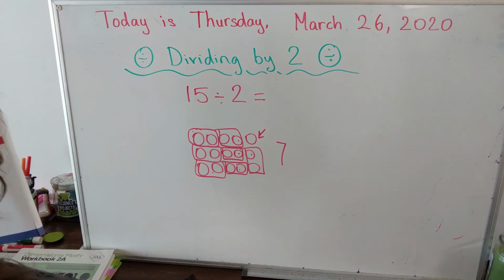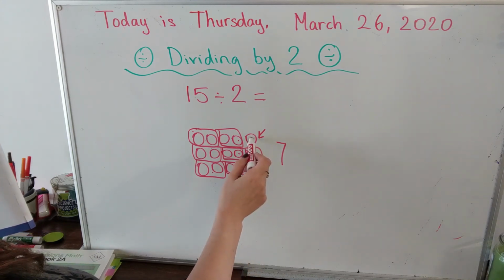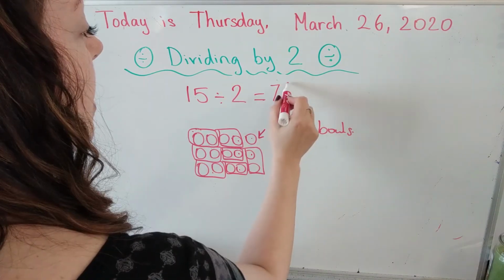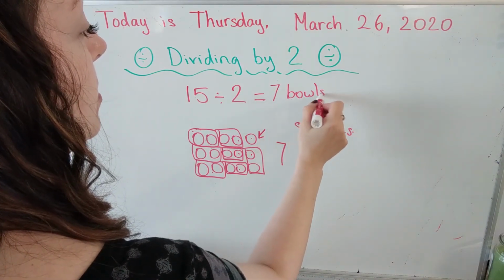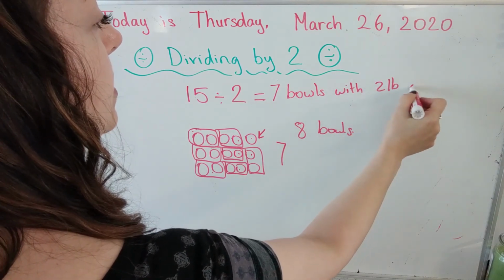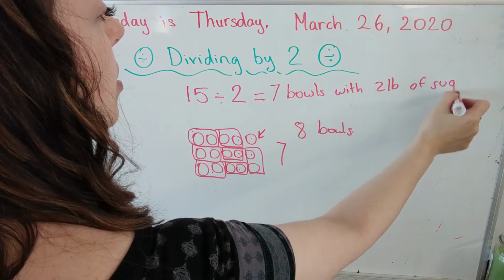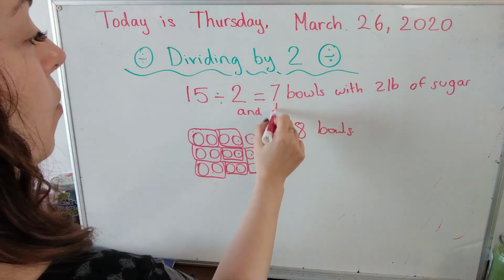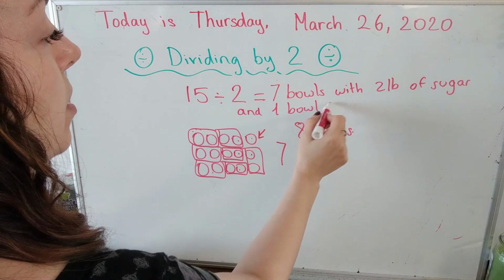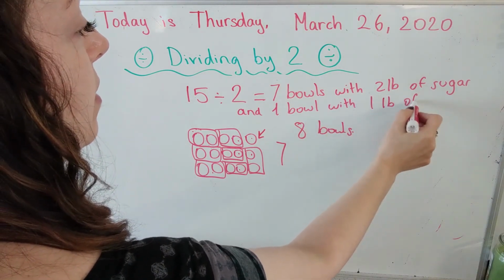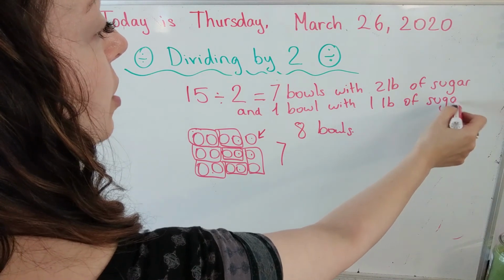Even though it is not equal, you still need a bowl for that one. So the answer is going to be 8 bowls. 7 bowls with 2 pounds of sugar and 1 bowl with 1 pound of sugar.